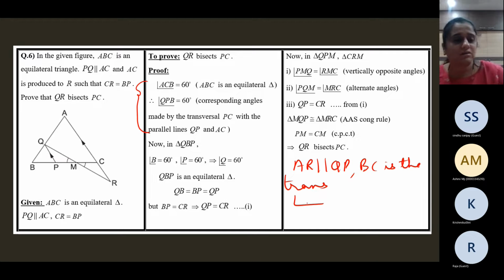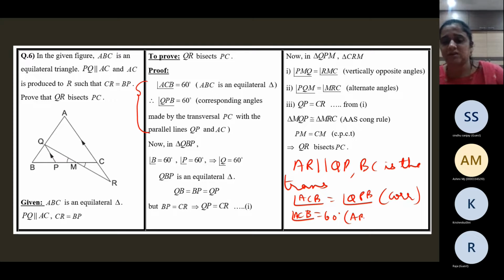Angle ACB is equal to angle QPB, corresponding angles. ACB is equal to 60 degrees because ABC is equilateral. Therefore, QPB is also 60 degrees.